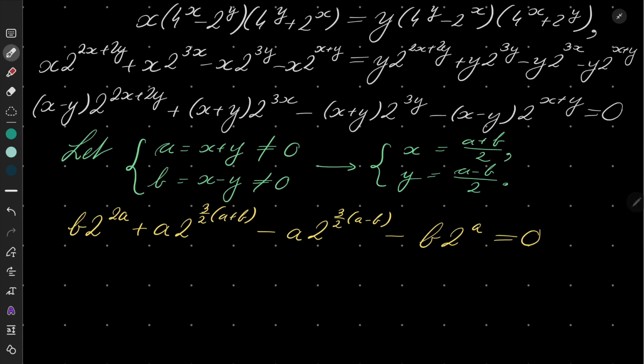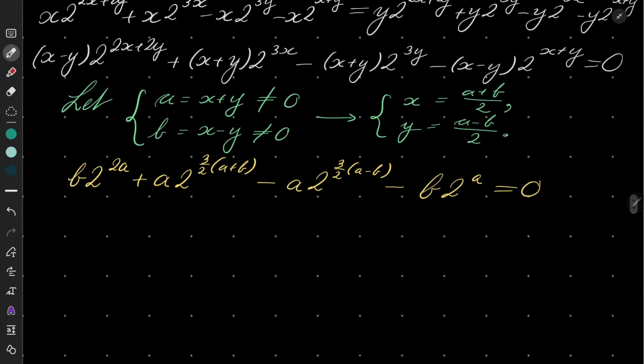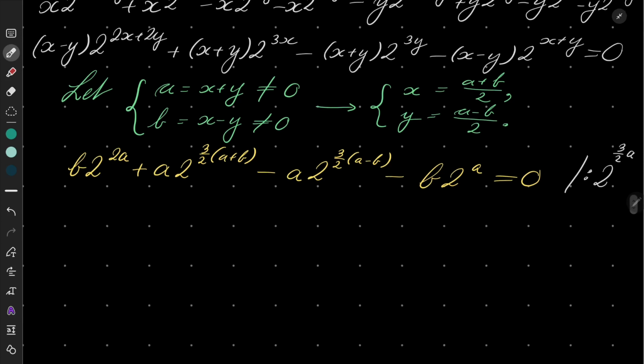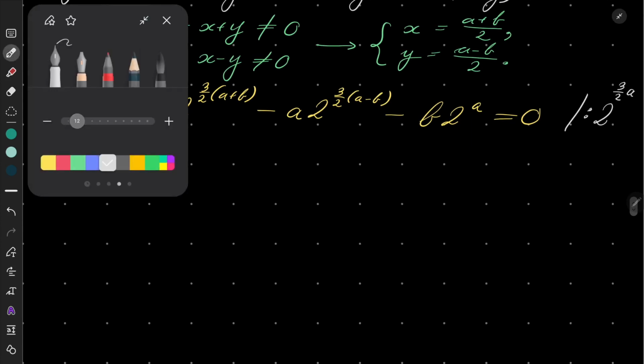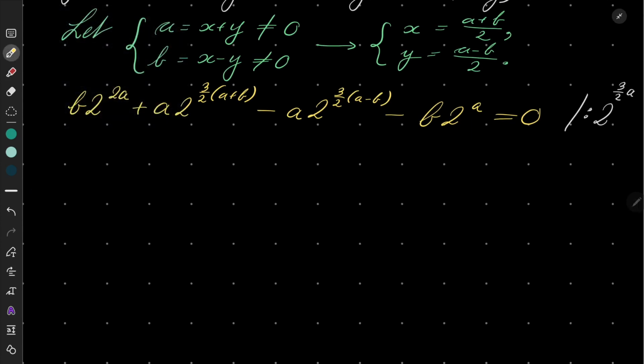And now, what can we do? We can now divide both sides by 2 to the power 3a over 2, and we will get b times 2 to the power a over 2. So let's combine.